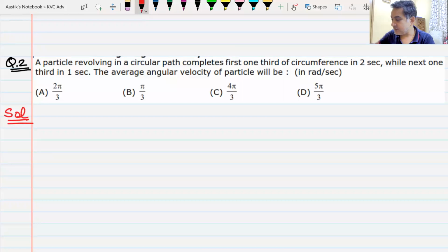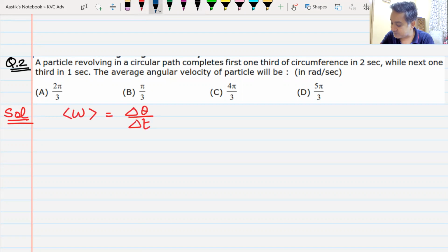So, how do we do this? Total displacement by total time, sir. Well done. You just have to find total displacement. Average angular velocity is delta theta, total displacement, divided by total time.